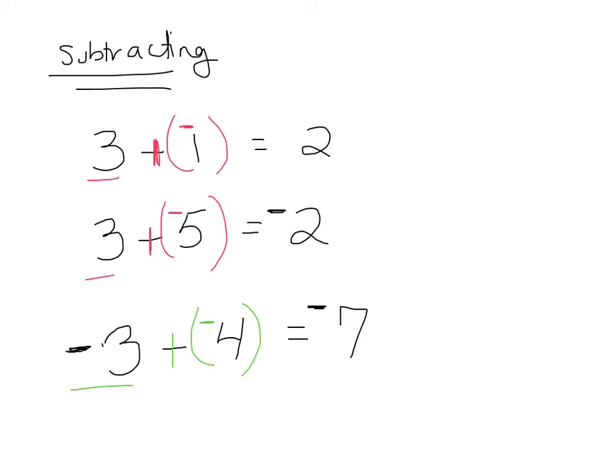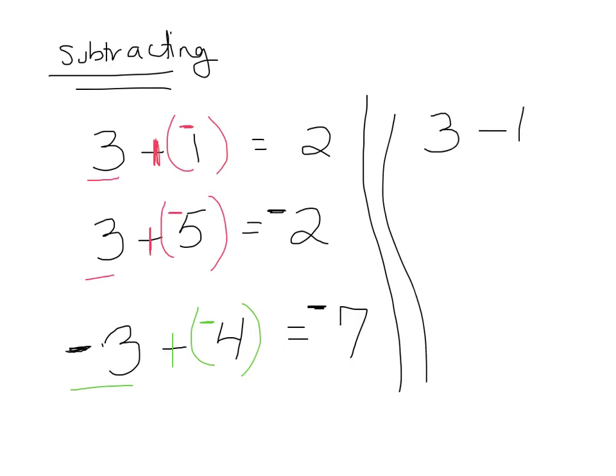Well, what happens if my second number is negative? So let's say I have 3 minus a negative 4. I'm going to still use the same rules of keeping the first number. I'm going to change this from a subtraction to addition, and then I would also need to flip that sign from a negative to a positive.